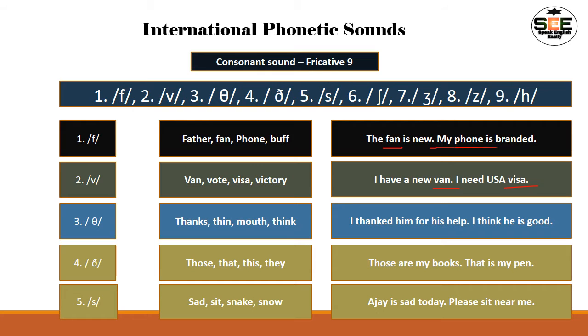Yes friend, definitely thanks, th is producing the th sound. And the next one is thin. Mouth. Yes friend, th at the end of the word mouth, it is producing the th sound. Then think. Definitely here also it is producing the th sound, right?